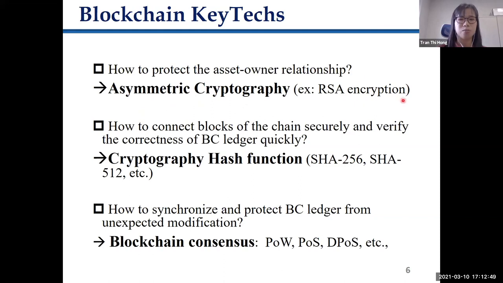And then, because in the blockchain there are a lot of people, a lot of data will be written into the blockchain ledger. So the ledger becomes very big, maybe several gigabytes or several terabytes of data. But the users and miners of the network need a mechanism to quickly verify whether there is any unexpected modification or deletion of data in the ledger.